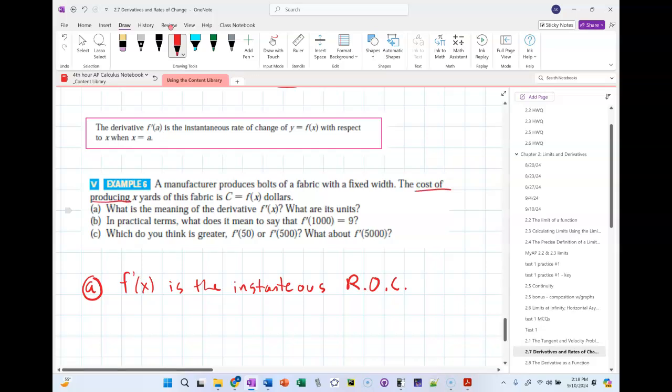The cost of production. With respect to, what is the x variable? And we should probably say x yards of fabric.